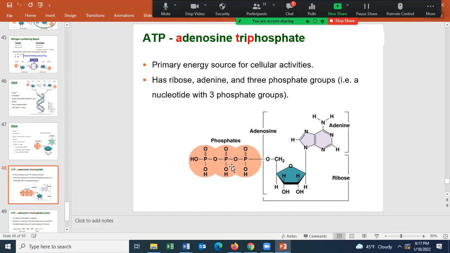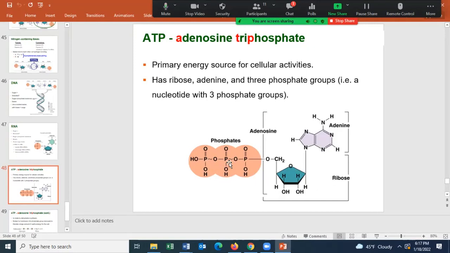Note that this phosphate link right here and that phosphate link right there are unstable and high energy bonds. The cell can break this bond when it wants energy, and if it needs more energy, it can break that bond.